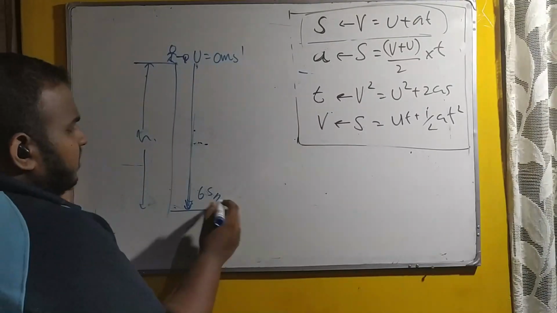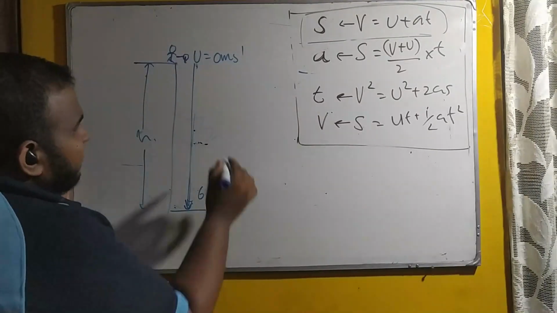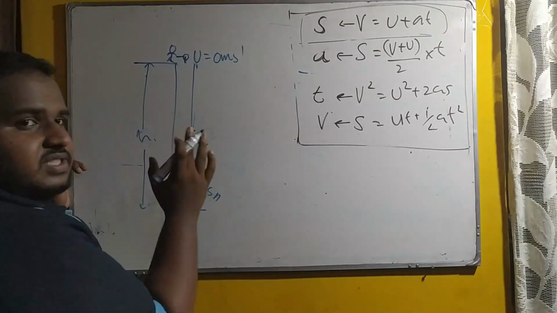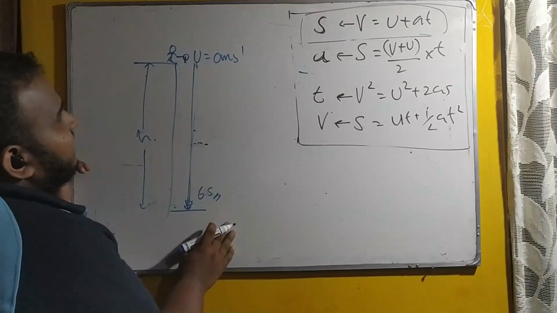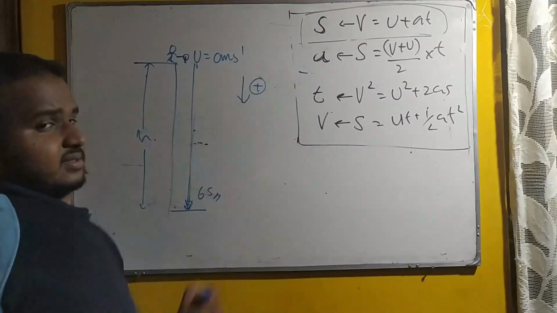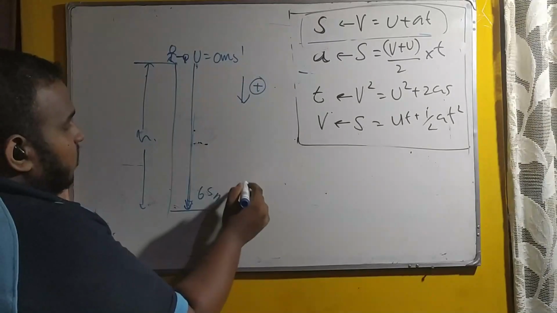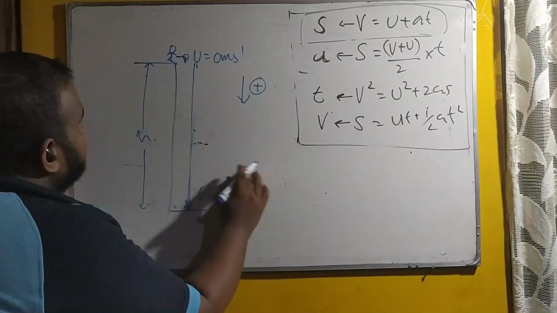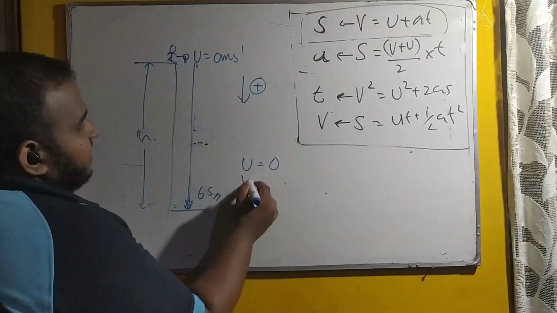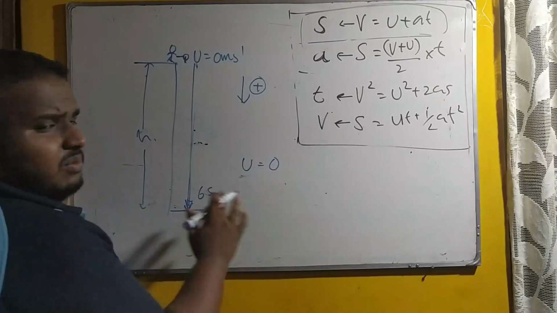So this is the diagram. The first step is done, the diagram, and then consider direction. I am considering downward as positive for me. So we all know the initial velocity is 0. Final velocity, they didn't bother about.